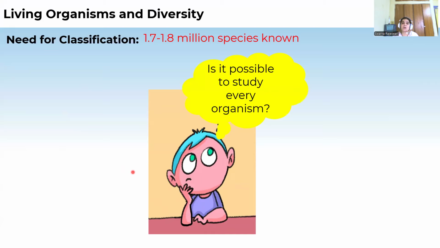We can't remember all those organisms, so there is a necessity for classification. So this is about what is life, the characters of living organisms, diversity and binomial nomenclature. In my next video, I will be discussing the need for classification and how we have classified different types of organisms.